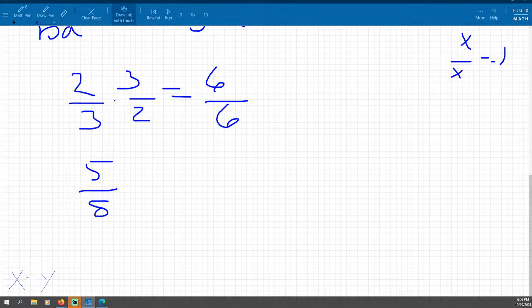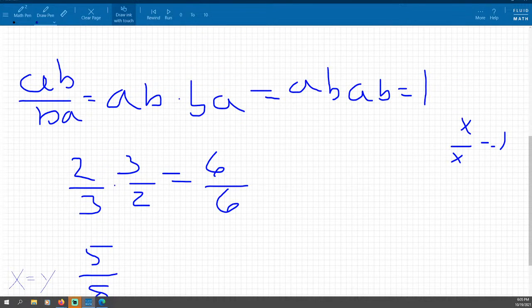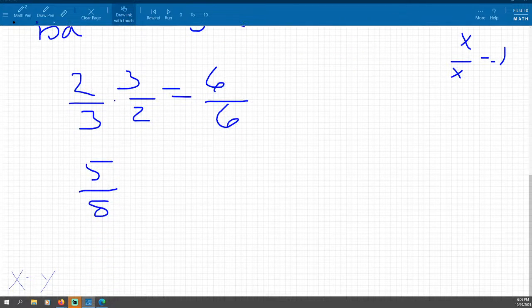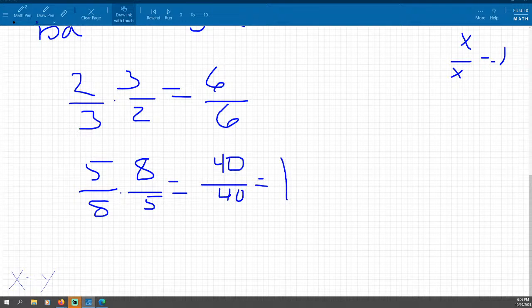The reciprocal of 5/8 would be the b over a. So we have 8 over 5. Multiply those together, and you're going to get 40 over 40. So that equals 1.